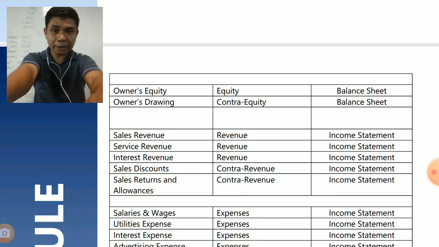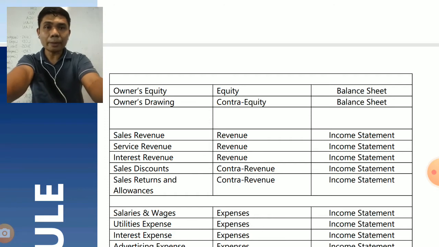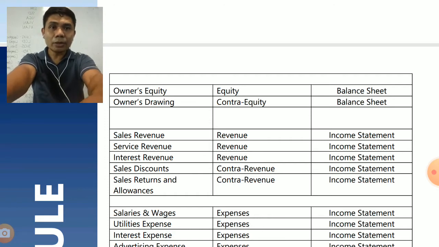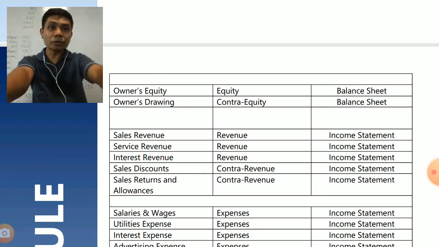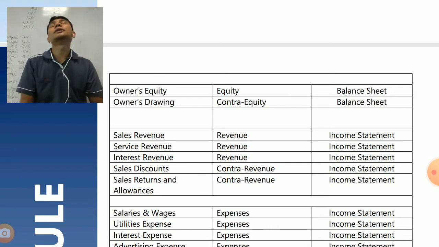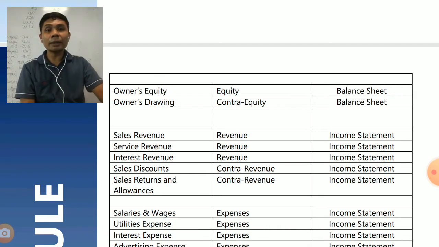Debit iyang normal balance. Kay ang equity, credit biya ang iyang normal balance. So, kining owner's drawing kay subtraction man ni, minus man ni siya sa equity. Contra equity biya. So, kung contra equity, ang equity kay credit man, so kung contra siya, debit si owner's drawing or withdrawal.